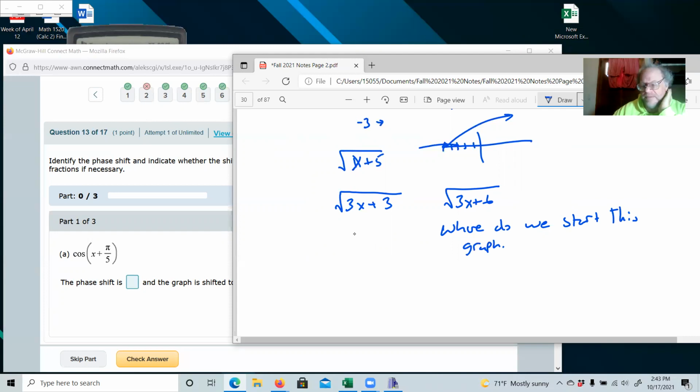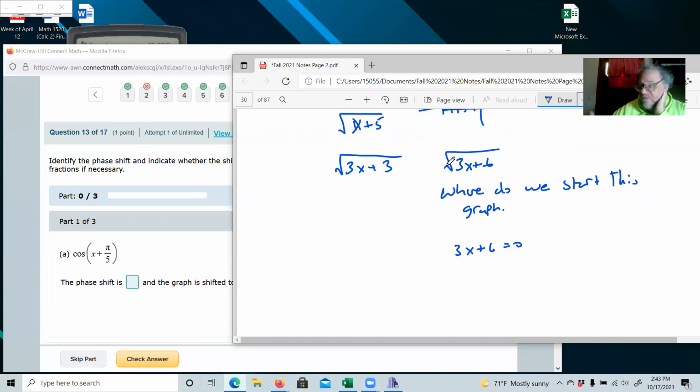What's the domain, and how do you figure that out? We can say 3x plus 6 equals 0, right? Because taking the square root of 0 is nice, but for the square root of this thing, we have to figure out where the 0 is. If the square root of 0 is 0, why don't we start there? So 3x equals negative 6, x equals negative 2.